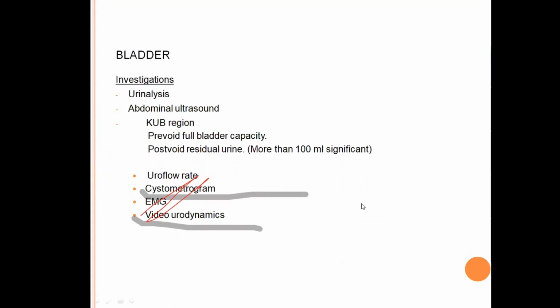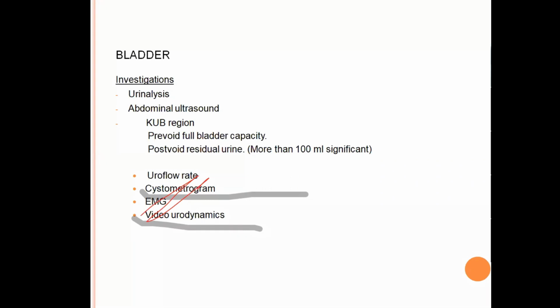What about the investigations? Of course, the basic investigation will be urinalysis, and very, very important. Many times I find in multiple sclerosis, people do only MR scan, CSF, MR scan, CSF. But please remember, even though the patient does not complain of any sensory problem or bladder problem, why don't they complain?